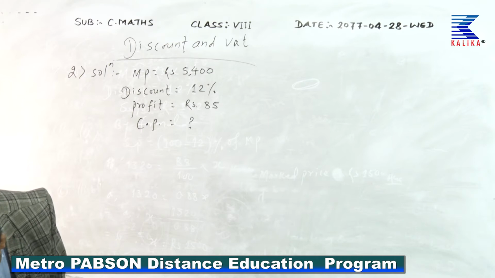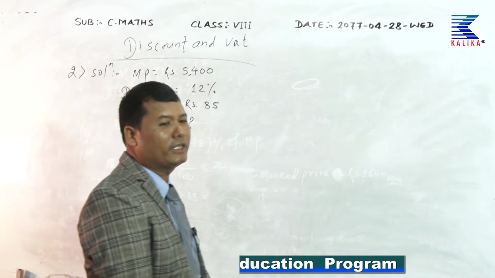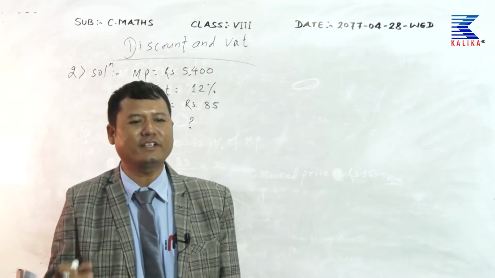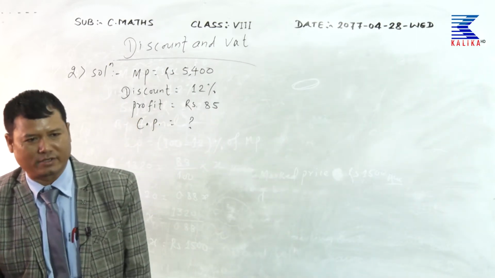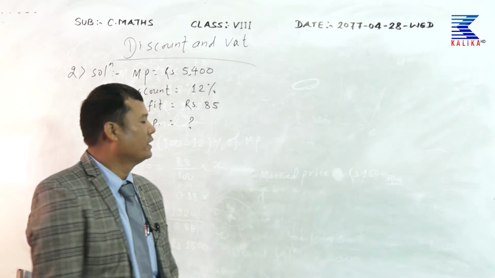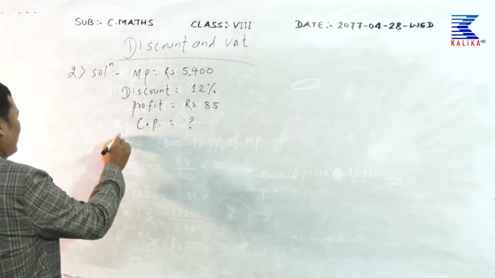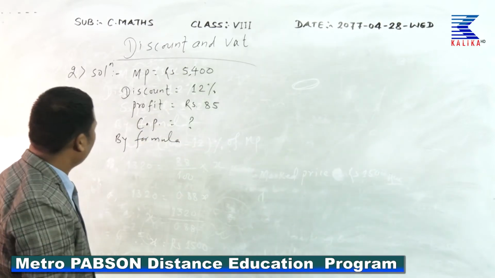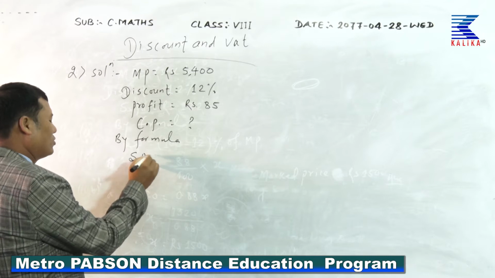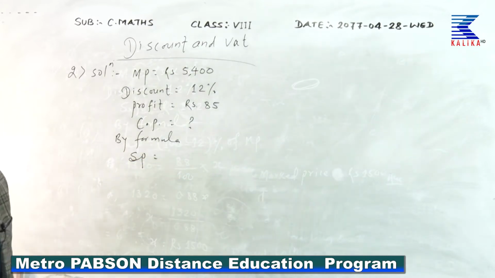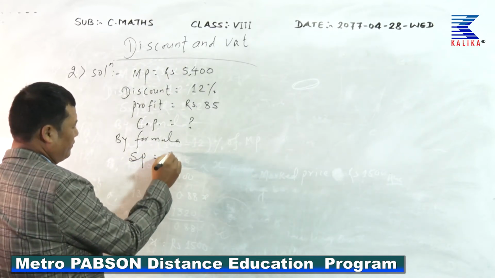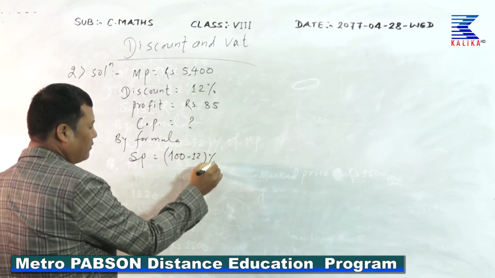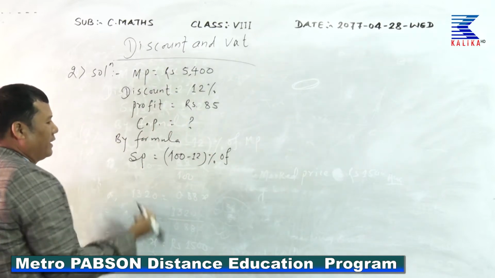First of all, find the selling price. If the MP and discount are given, we can easily find the selling price. By formula, SP is equal to 100 minus 12% of MP.